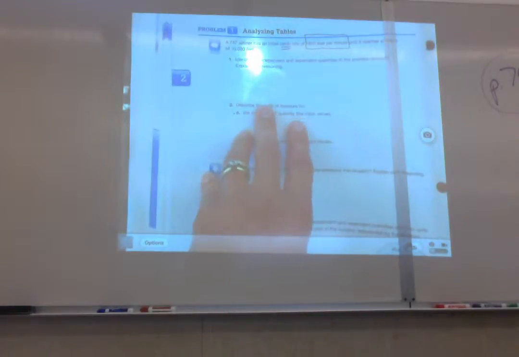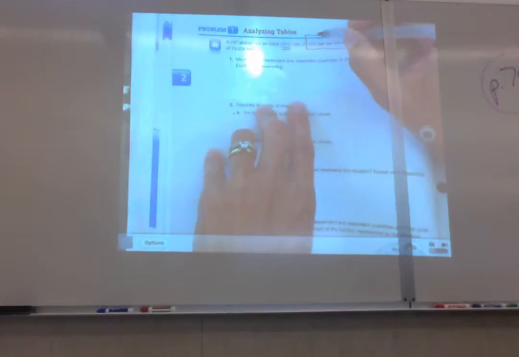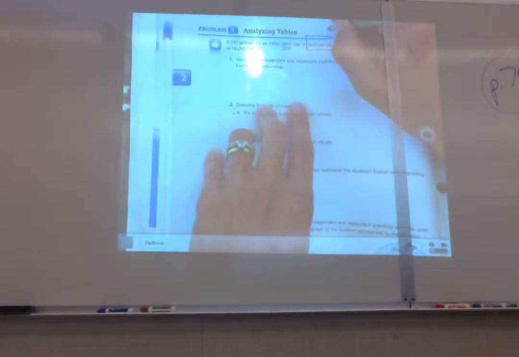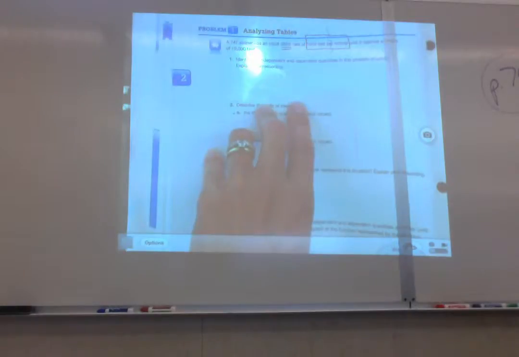Identify the independent and dependent quantities in this problem situation. Explain your reasoning. Now, I want to remind you, a lot of times when we have this rate, something per something else, that's a clue to your independent and dependent quantities. And the per is kind of the divider between the two.